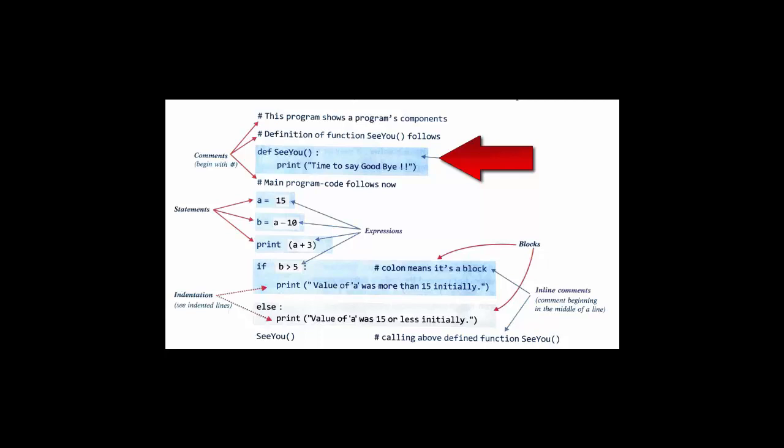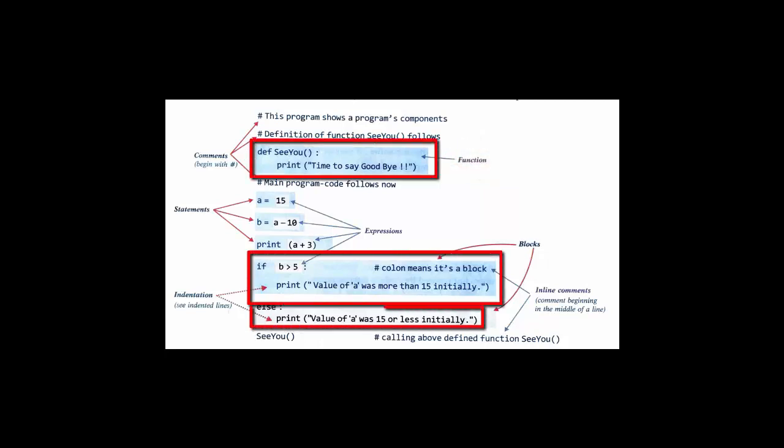Now, blocks and indentation. As is evident from the name, a block is a group of statements which are related or which have the same scope. We'll read what a scope is, but all you have to remember is that a block has the same indentation and it starts with a colon. That's all you need to remember for right now, and it will get clearer as we move ahead in this course.